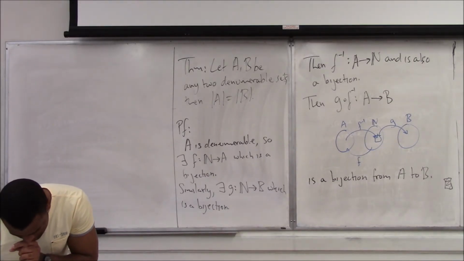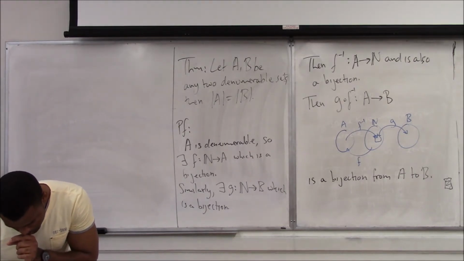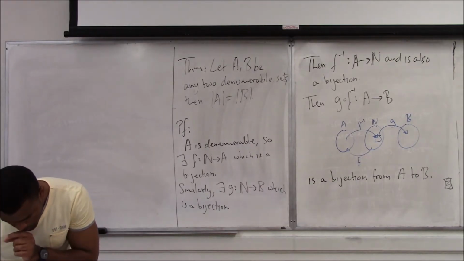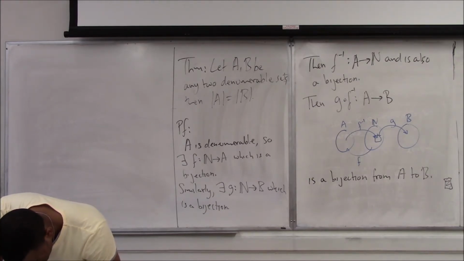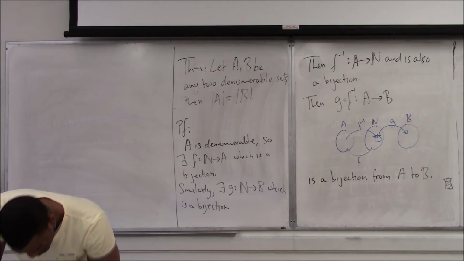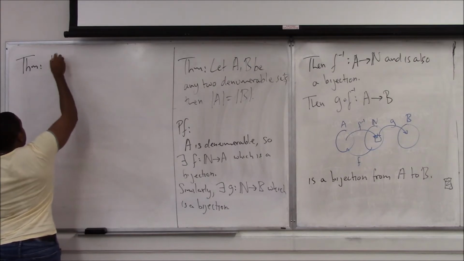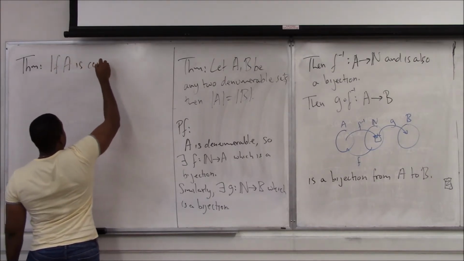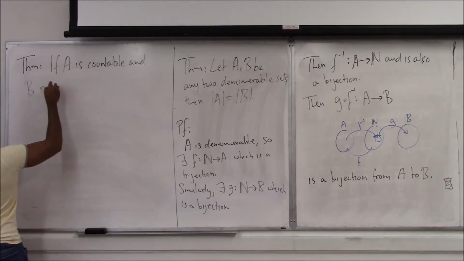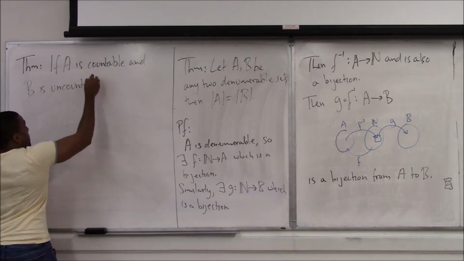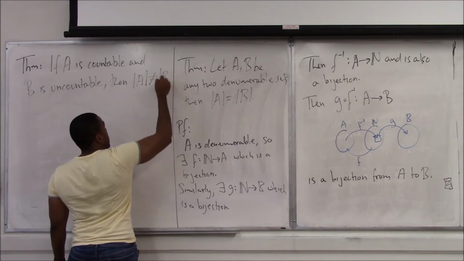Another thing that we can do. If A is countable and B is uncountable, then the cardinalities cannot be equal.